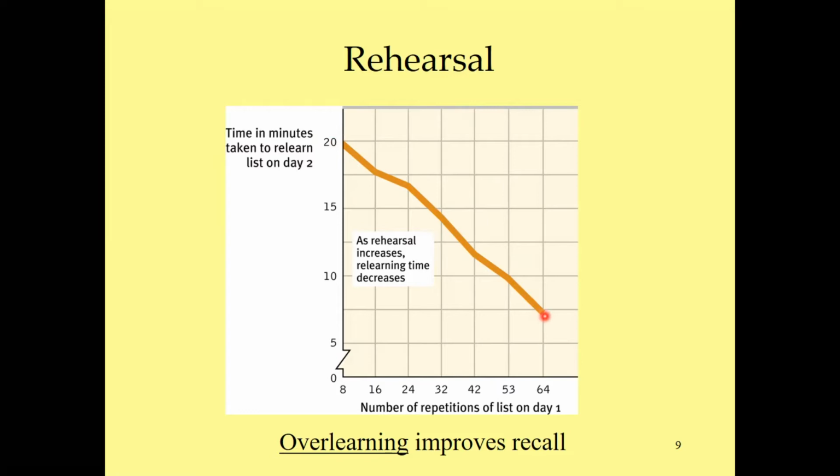The relearning was a measure of how much information he had retained. Now, the converse is also true. The fewer times that he rehearsed the list on day one, the longer it took him to relearn it. So notice here, less information is retained with less rehearsal.